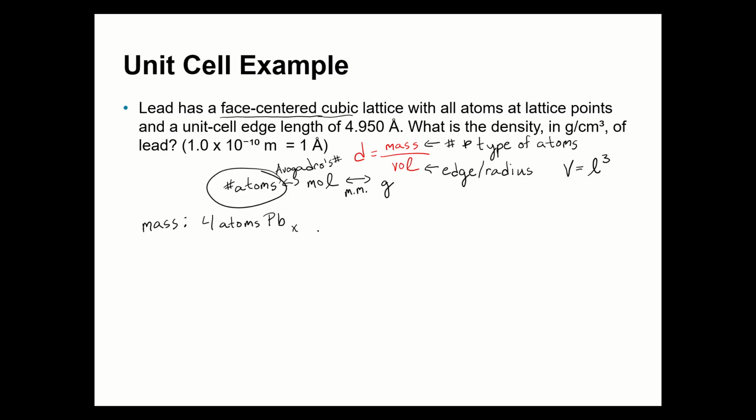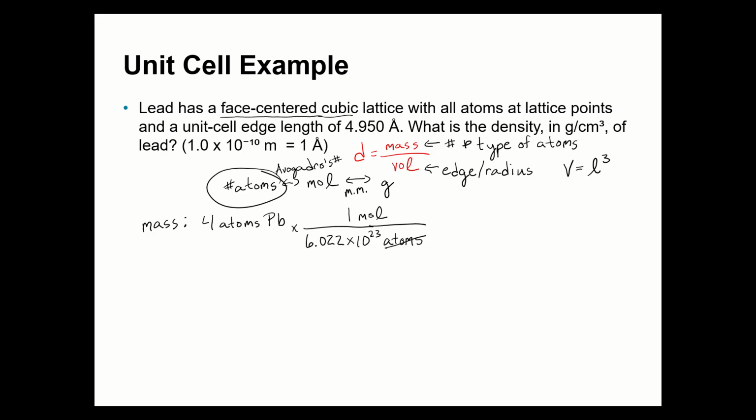So to go from atoms to moles, we're going to need Avogadro's number. Remember, Avogadro's number is 6.022 times 10 to the 23rd atoms per 1 mole. So that means that we're going to have to flip Avogadro's number, put the 6.022 times 10 to the 23rd on the bottom. And remember, that is atoms, or any type of particle for that matter, per 1 mole.